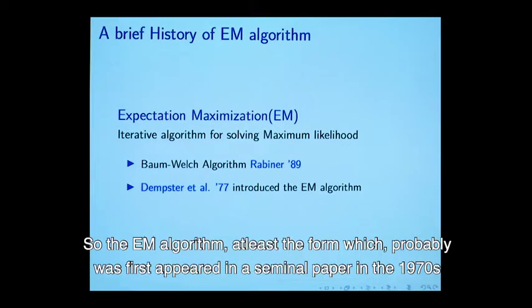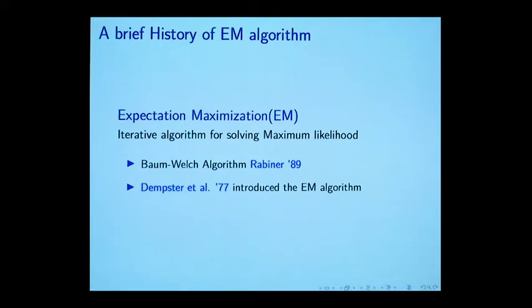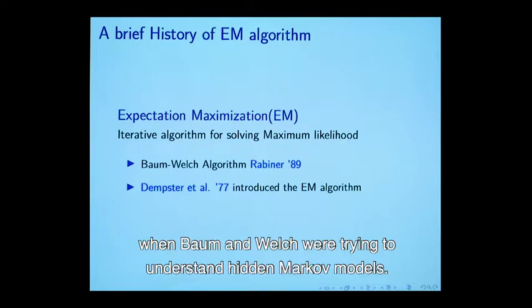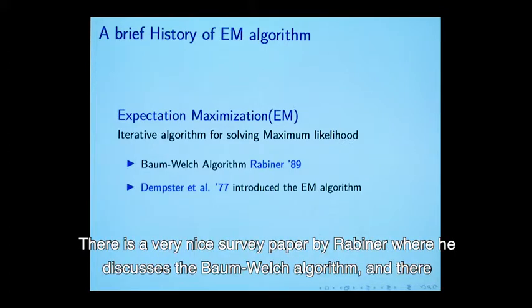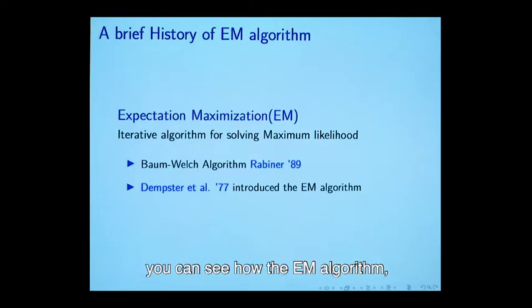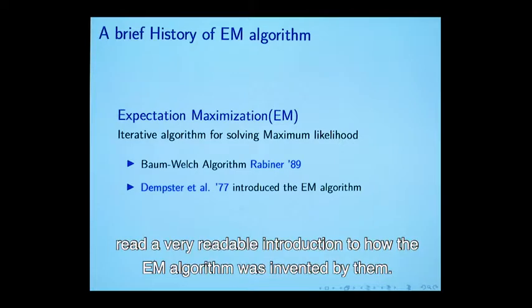The EM algorithm, at least the form which probably first appeared in a seminal paper in the 1970s, was when Baum and Welch were trying to understand hidden Markov models. There is a very nice survey paper by Rabiner where he discusses the Baum-Welch algorithm, and there you can read a very readable introduction to how the EM algorithm was invented by them.